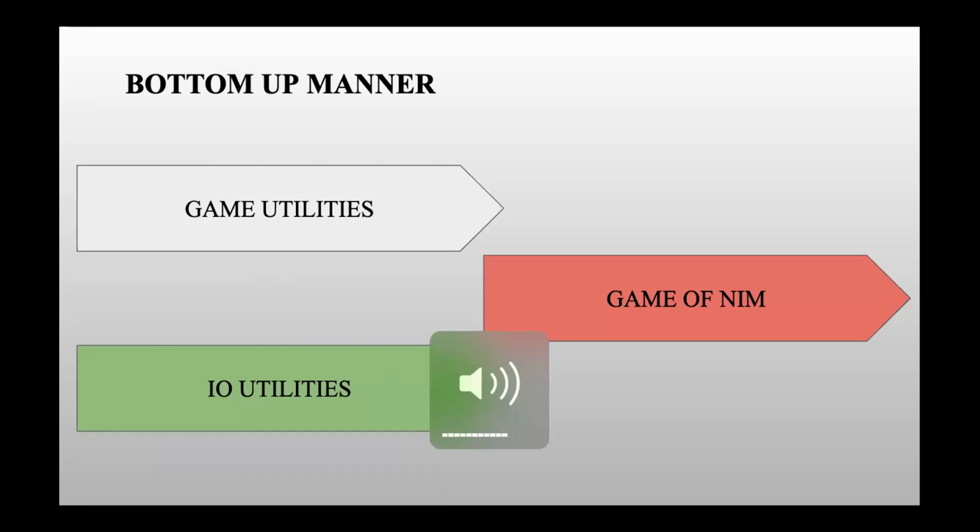Game utilities deals with the things that are in the game or on the board, the functions of the game, and IO utilities deals with the input and output related to the game. The game of NIM itself is the final code which we have built using these game utilities and IO utilities to run the game.